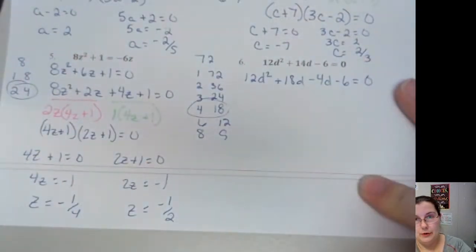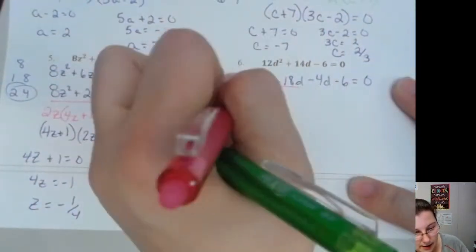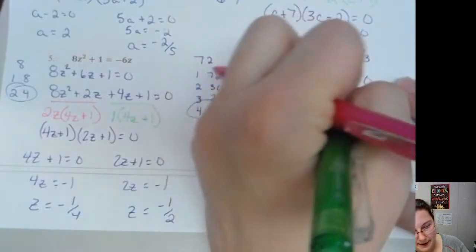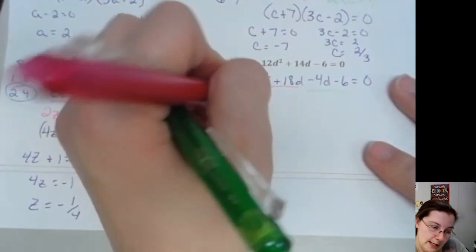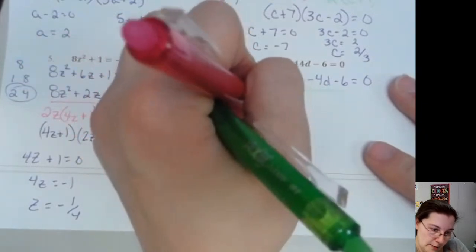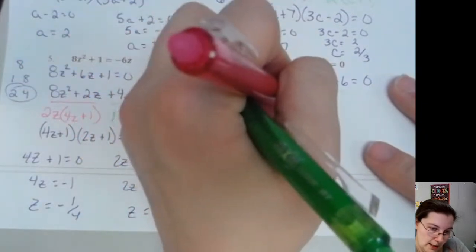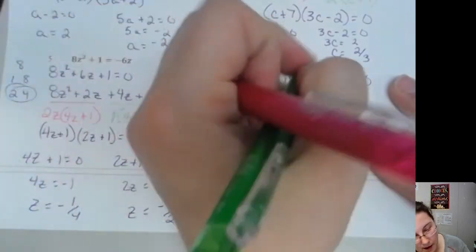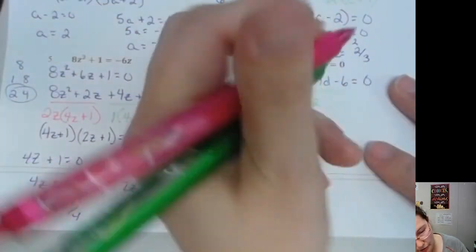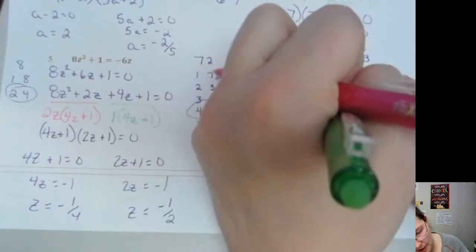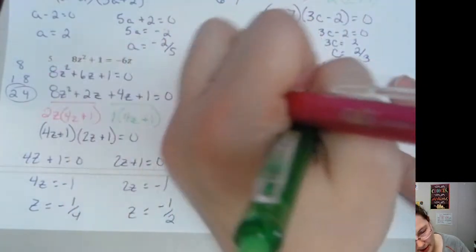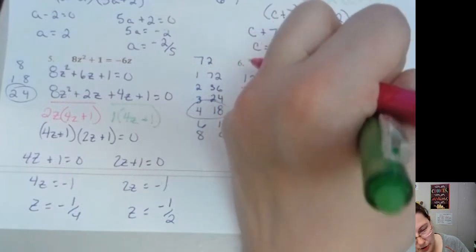So again, when I go to divide and conquer, I'm going to do this one and this one. So when I pull this out, my biggest number I can pull out is a 6 and a d, which leaves me with 2d plus 3. On this one, I'm going to pull a negative 2, which is going to leave me with a 2d plus 2.